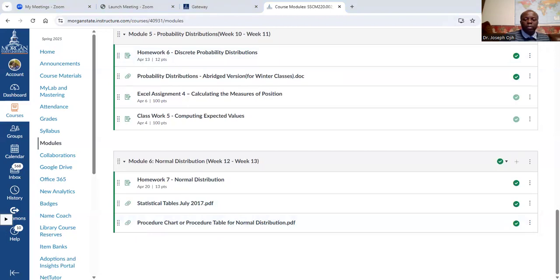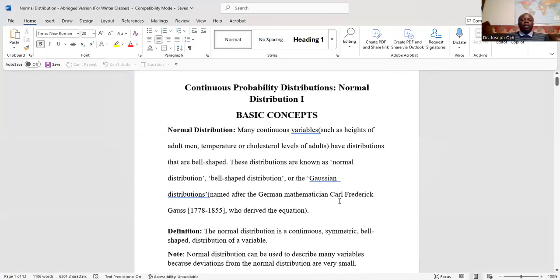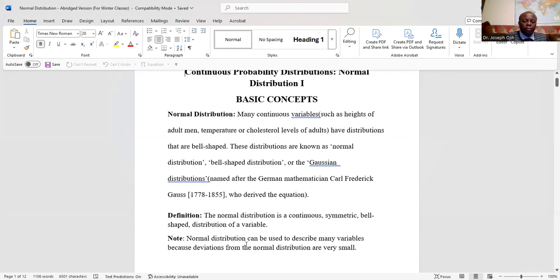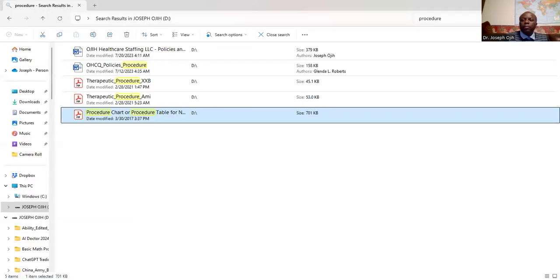So having said that, we can now go to what you have today, which is normal distribution, a type of continuous probability distribution. Before I do that, let me close this part. So simply put, a normal distribution.